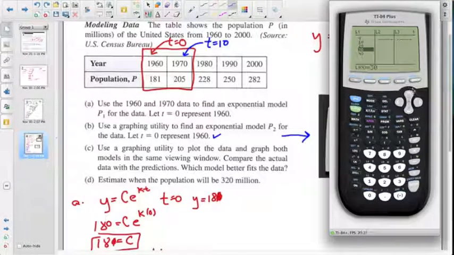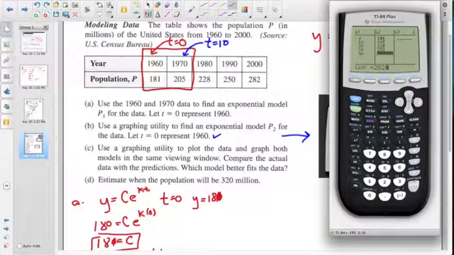And then we have to come back up here, and we started with a population of 181. And then we had 205. Then we had a population of 228. Then 250. And 282.